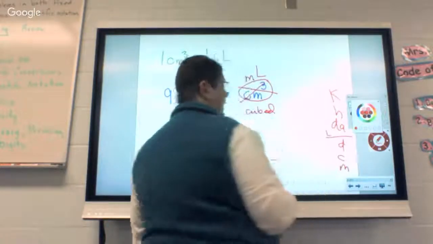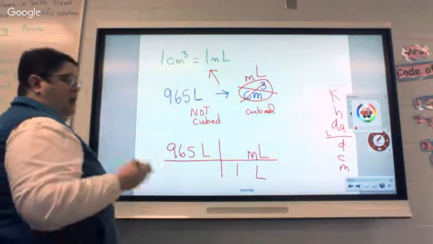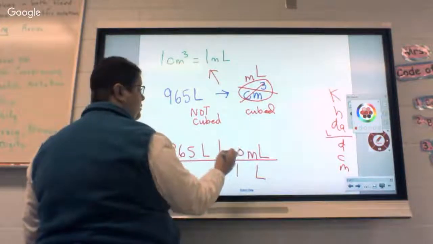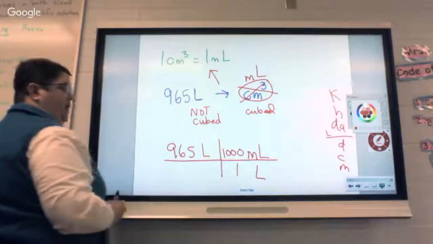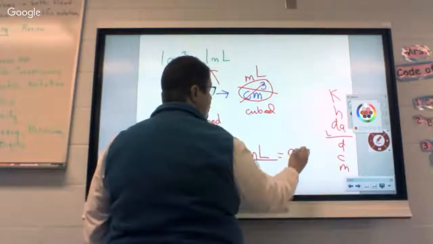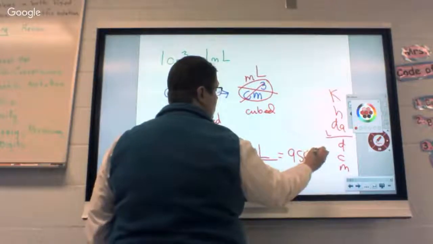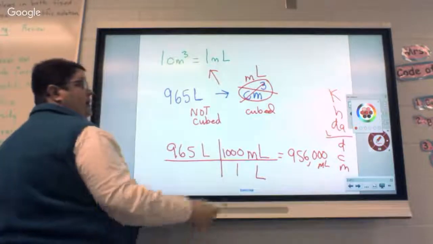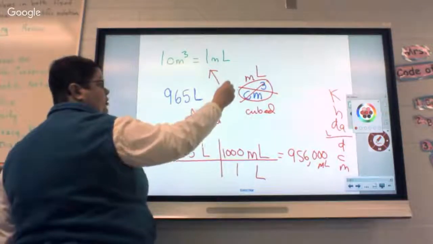If liters are on the baseline, how many spaces between a liter and milli? So 3 zeros. And then all you have left to do is multiply. The connection you have to make is milliliters and centimeters cubed are the same.